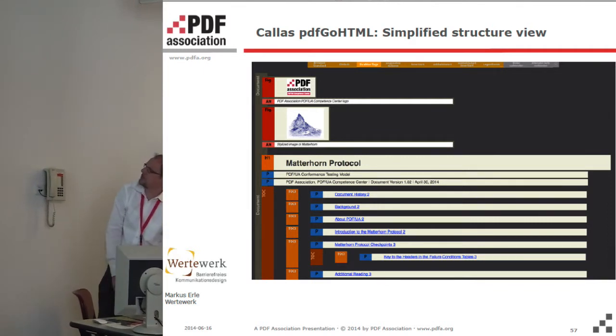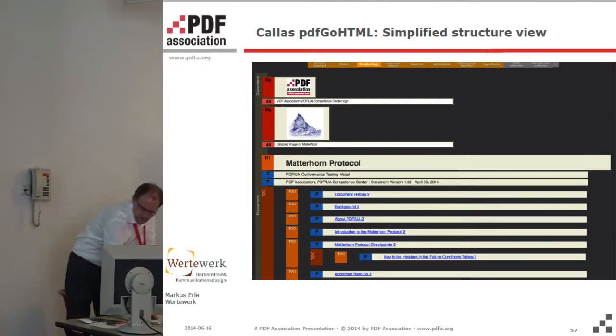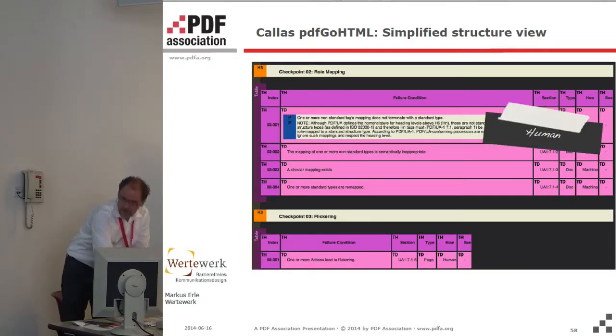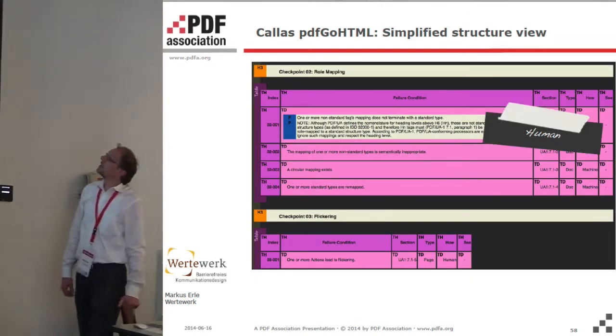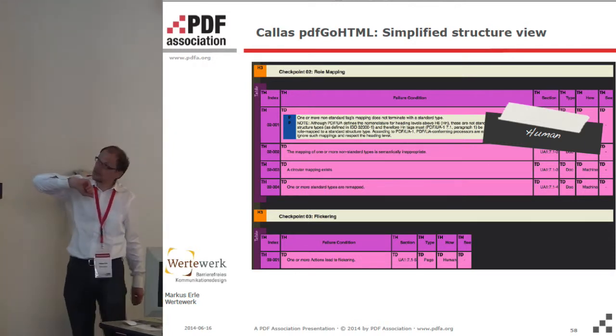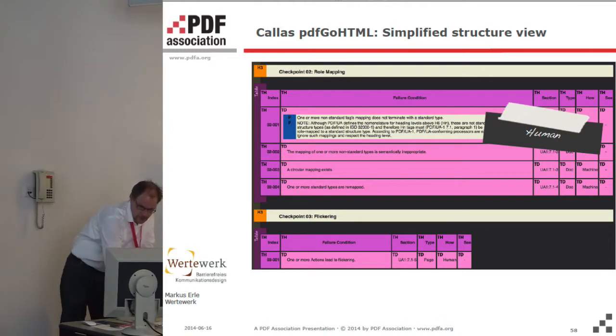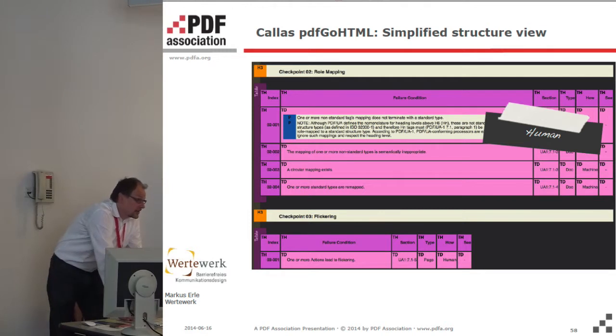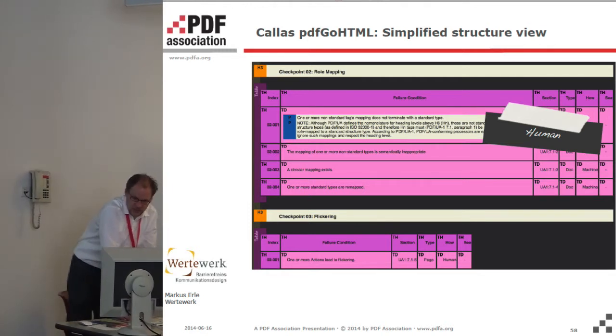It also has a simplified structure view, and it also supports the human check. And here you see also in different colors the table headers and the data cells. So it's very important to combine the machine check with a human check. It's not sufficient to evaluate an accessible PDF only by a machine check.